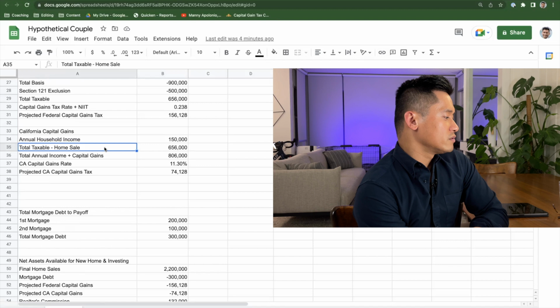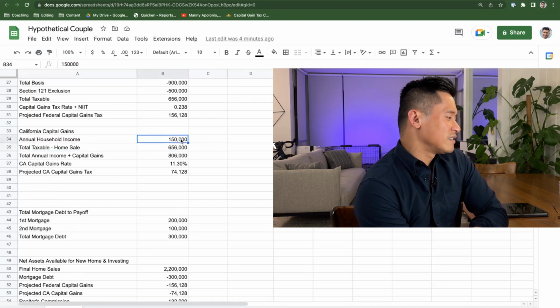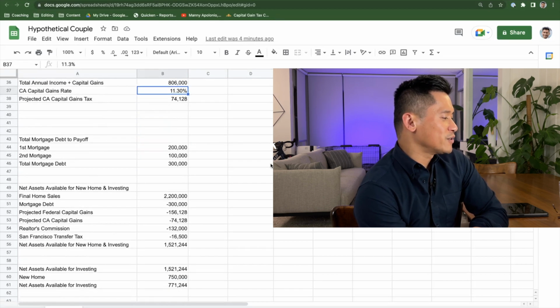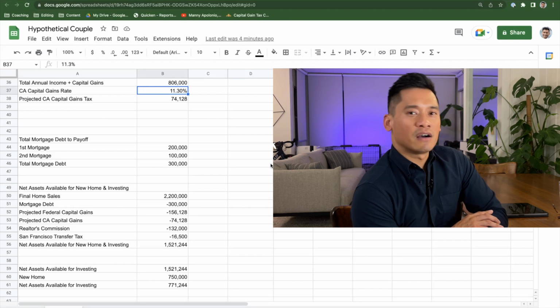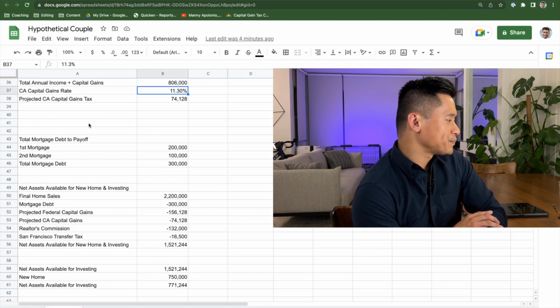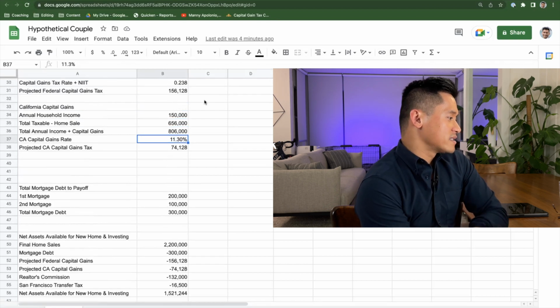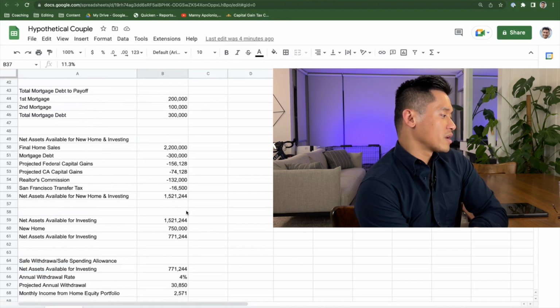This is the total taxable amount, and you're going to take their income and add it together, and then look at the California tax bracket table, and it's going to say that they get pushed into the 11.3% tax bracket at income of $806,000 that year. So that means that in April, they're going to pay $74,000 in capital gains taxes to California.